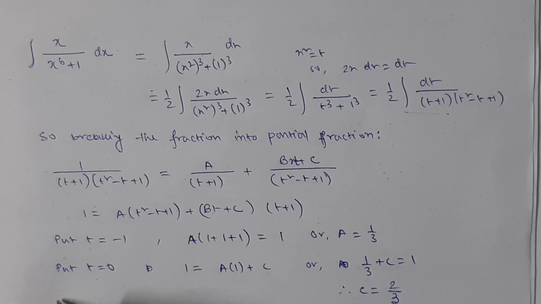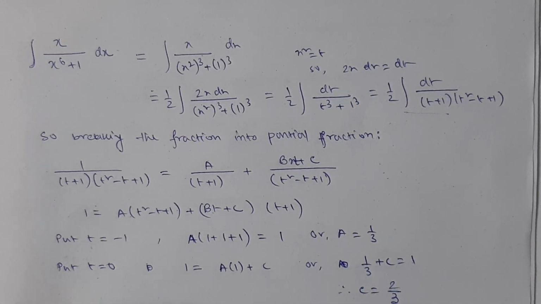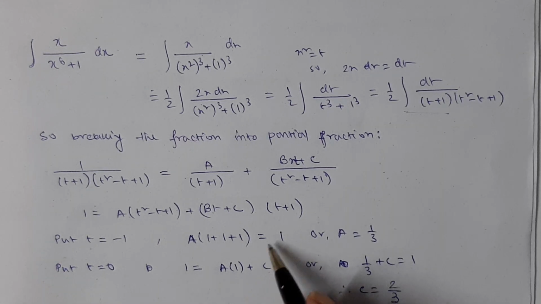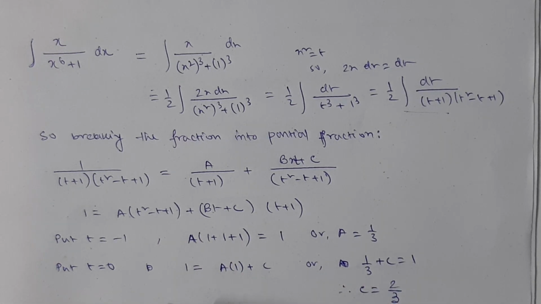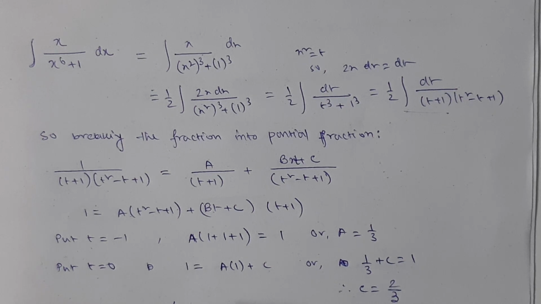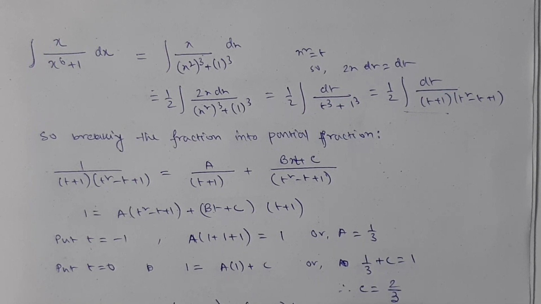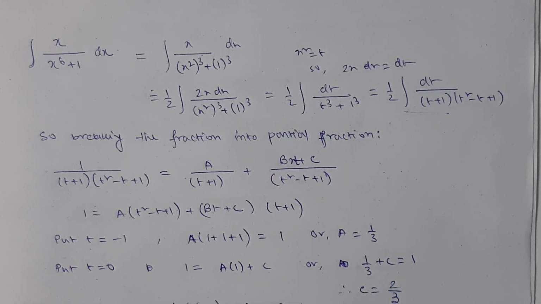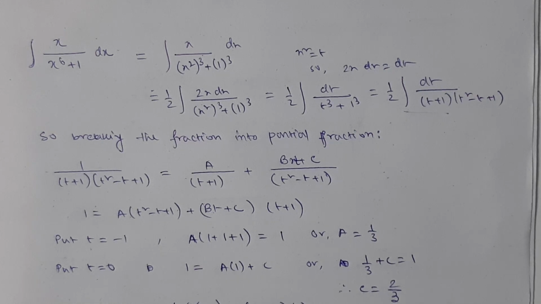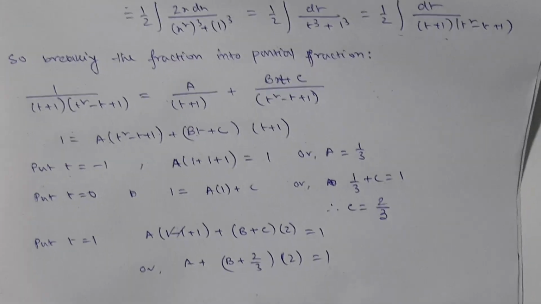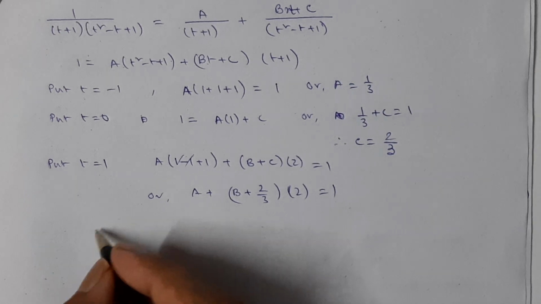Now put t is equal to 1. What happens if we put the value t is equal to 1? Then a into (1 minus 1 plus 1) plus (b plus c) into 2 is equal to 1. What is the value of c? a plus (b plus 2 by 3) into 2 is equal to 1.